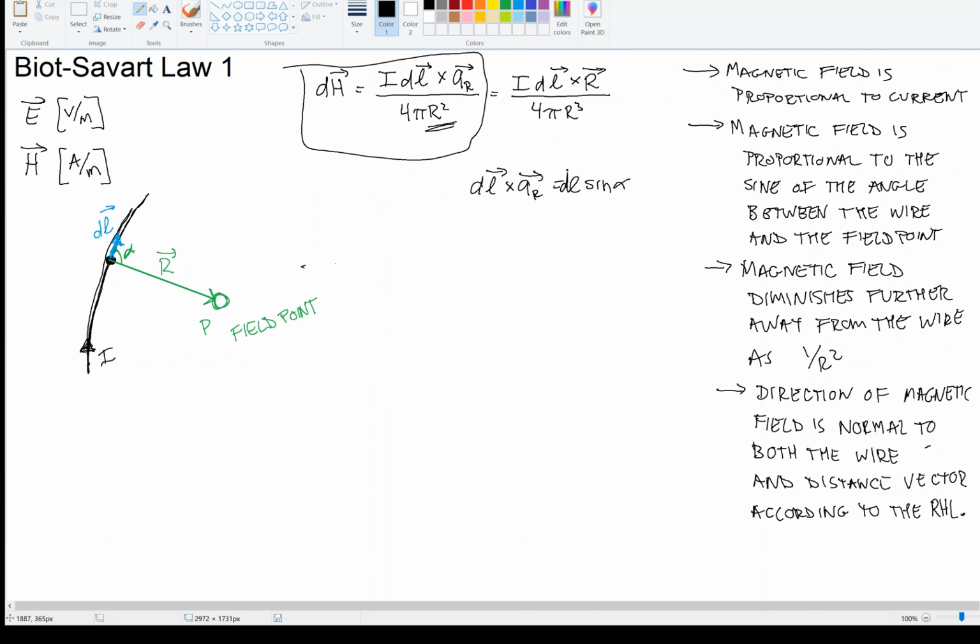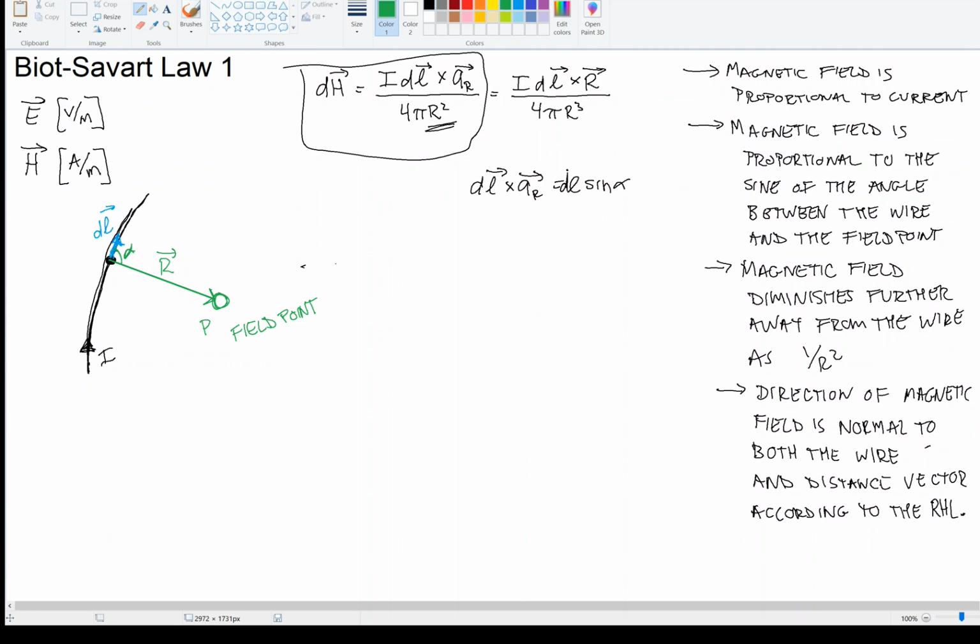I've labeled alpha there. So for this field point shown in green here, point P, the magnetic field is maximum versus alpha. So if I change alpha, if I change where I want the field point at, I'm going to get something smaller. Here is where it's maximum, since alpha is 90 degrees and sine has a maximum at 90 degrees. So any point lying on the green line will experience the maximum magnetic field with respect to alpha, right?